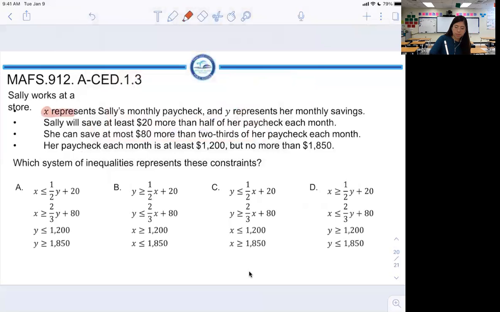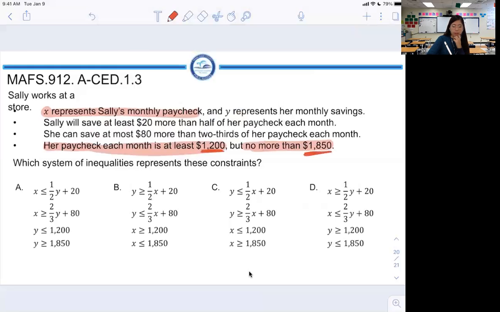Paycheck is X. So it's saying that her paycheck is at least 1,200, but no more than 1,850. And since I know paycheck is represented with the letter X, take a look. It has to be at least 1,200, so it has to be greater than or equal to 1,200, but no more than, so less than or equal to 1,850.